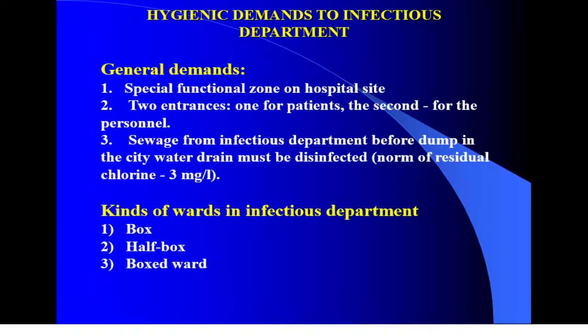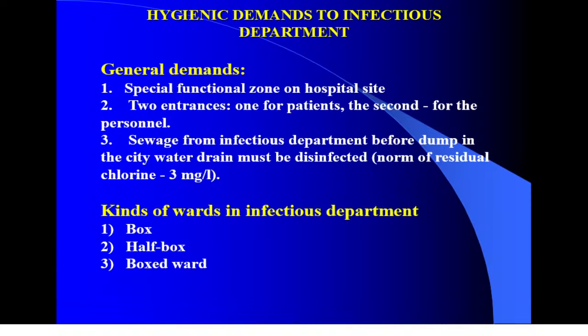And special kinds of wards in infectious department. These kinds are box and half box. What does box mean? A box is complex of premises for presence of one patient, sometimes for 2 patients.